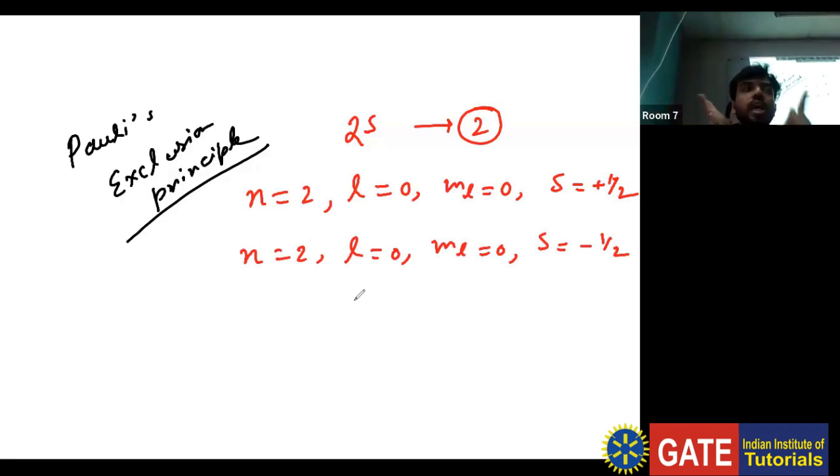That means no 2 electrons. What does Pauli say? No 2 electrons have the same 4 quantum numbers. Up to 3 can be the same, but the 4th cannot be the same. This is called Pauli's exclusion principle. No 2 electrons have the same 4 quantum numbers.